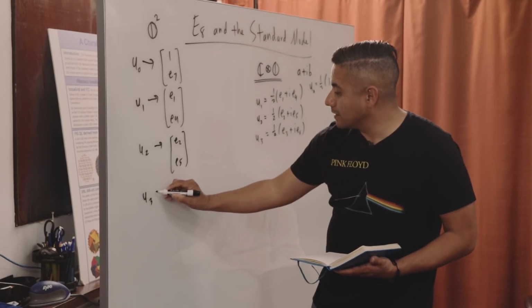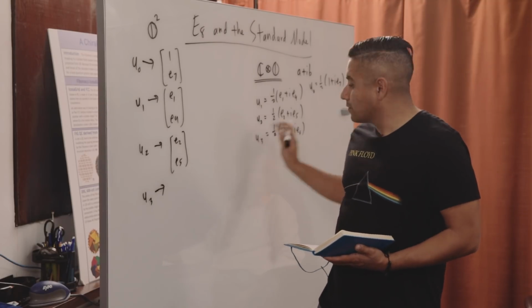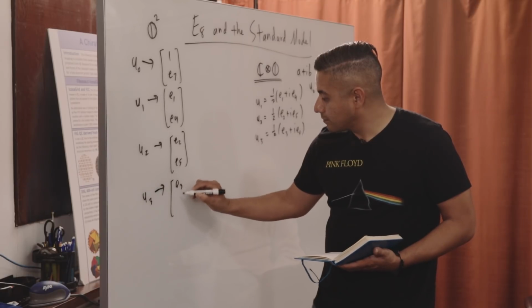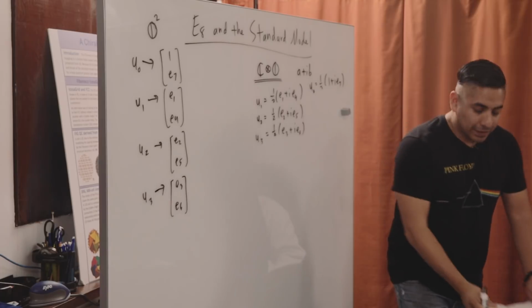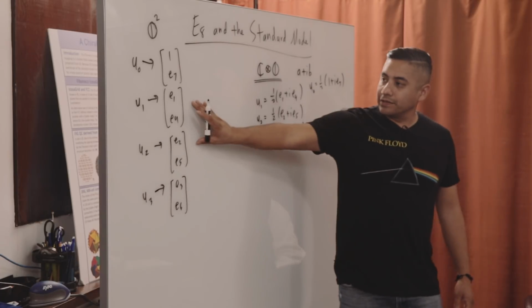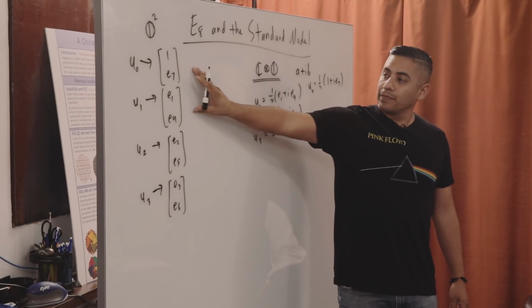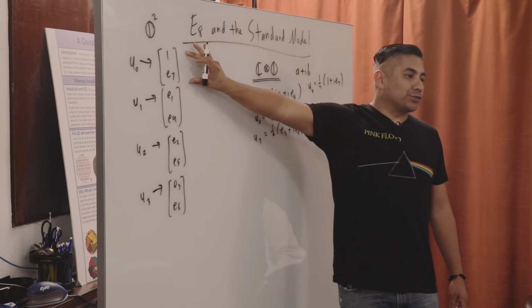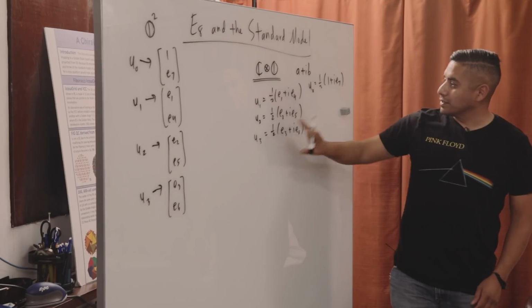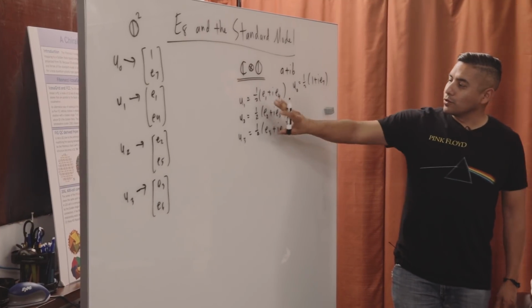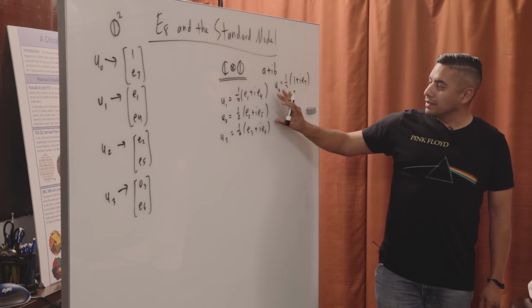And then finally E3, E6. Okay, so now we have columns. So naturally, we can transform these with a 2x2 matrix because this is a 2-component column. So this is nicer. It makes it a little more clear than this notation here.